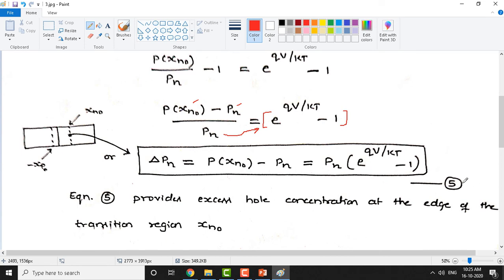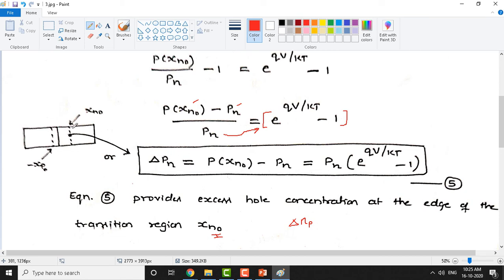Let us call this equation 5. So what does equation 5 tell us? Equation 5 provides the excess hole concentration at the edge of the transition region, which is xn naught here. Similarly, I showed for excess hole concentration, we can also calculate excess electron concentration. Electron concentration means it is delta Np, on the p side. This diagram I showed to illustrate what exactly this equation tells.